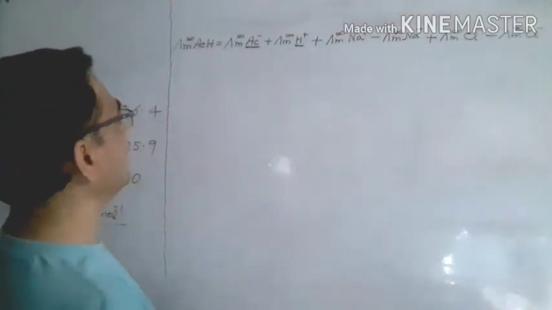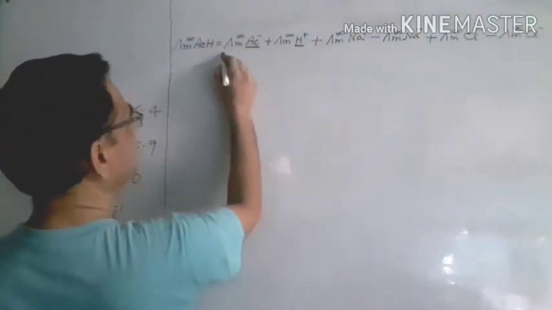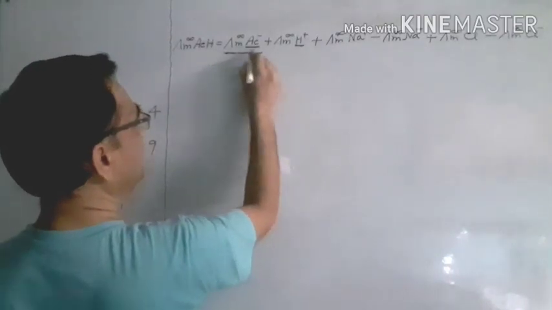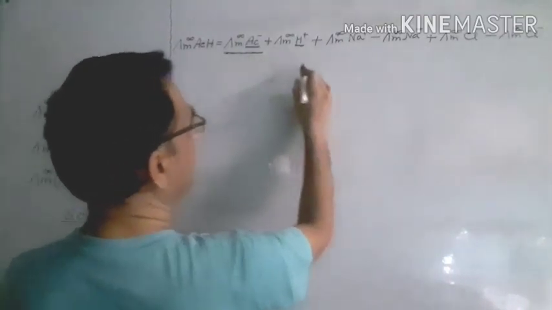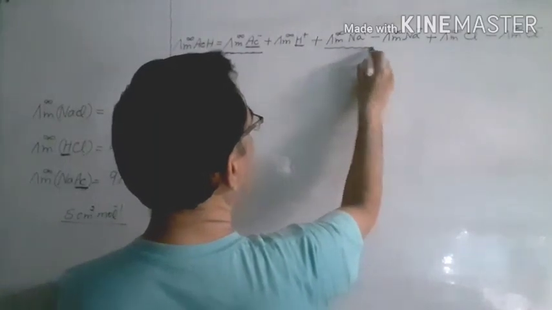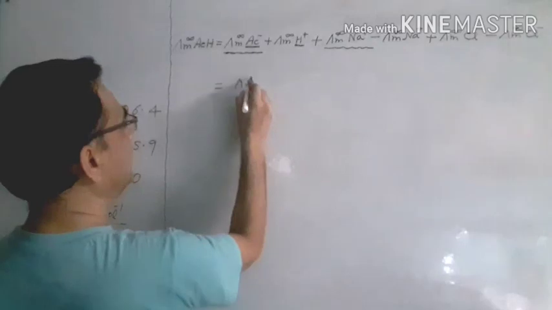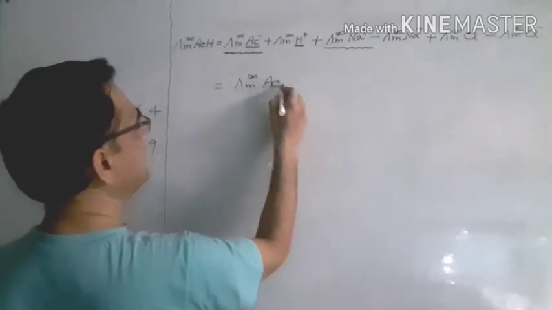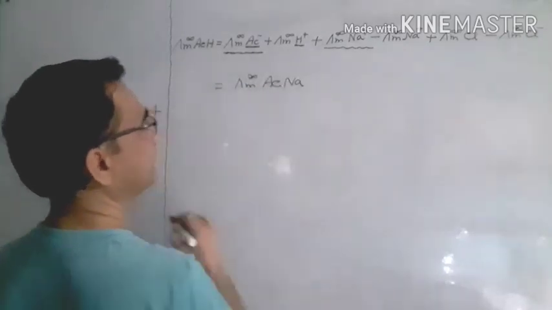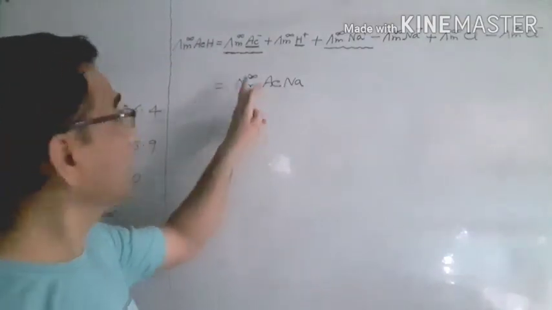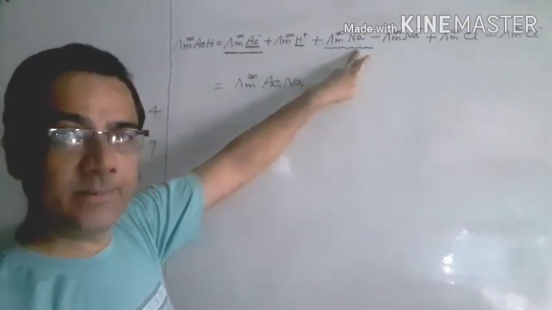Let's say, for example, the limiting molar conductivity of the Ac minus and the limiting molar conductivity of the Na plus. These both we add together. Then we get the limiting molar conductivity of the AcNa. This is Ac and this is Na.